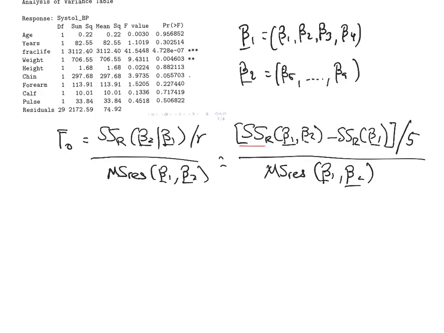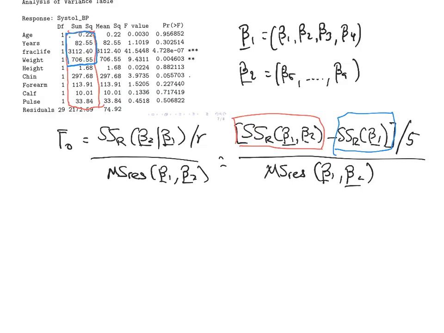So for the regression sum of squares, you're going to add up the regression sum of squares associated with all the predictors, and then subtract the regression sum of squares of beta 1, which is the first 4. So you take the red one minus the one with the small model, the first 4, those are the ones you want to keep.